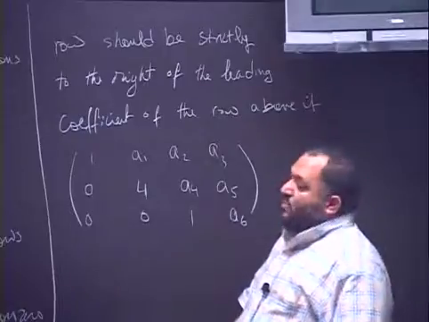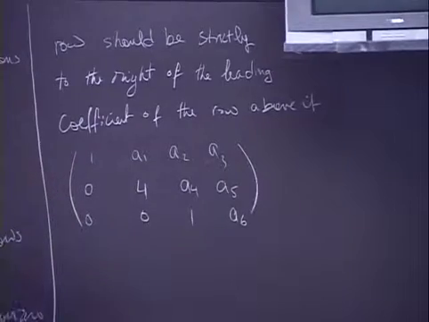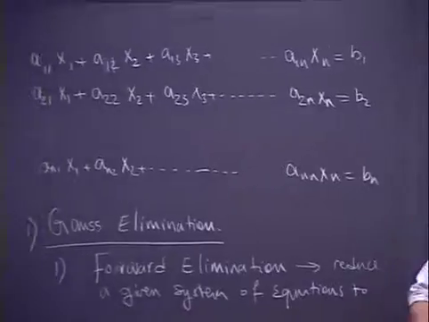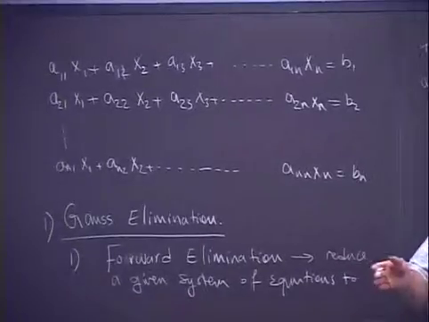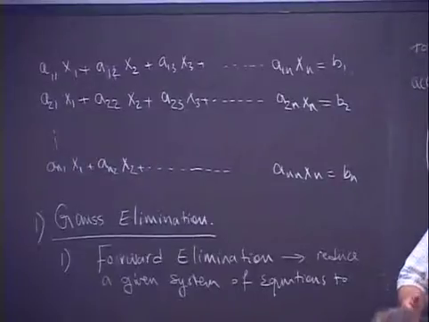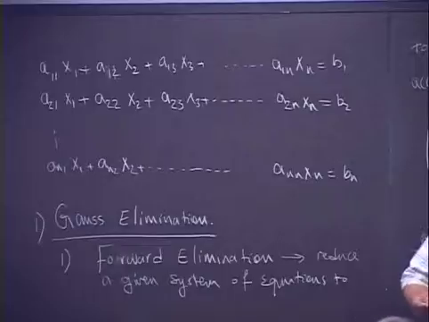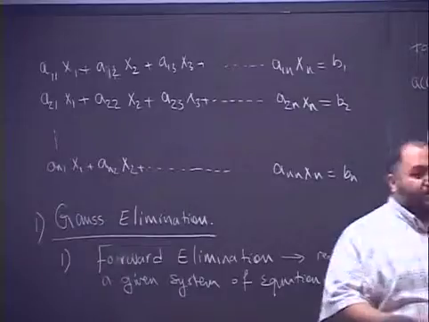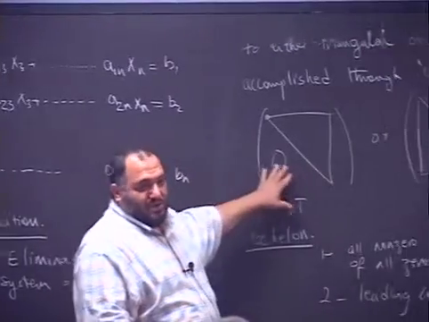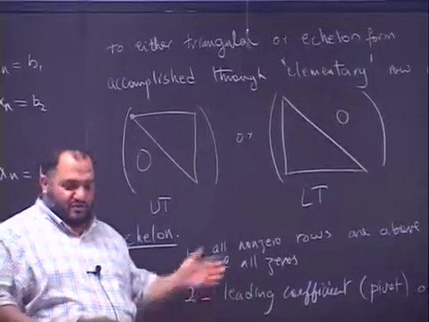So what we will do for the Gaussian elimination is we'll take the set of equations, we'll represent them as a matrix, and this matrix will be called the augmented matrix. Then we'll do some row manipulations or elementary operations to transform it to either triangular form or echelon form, and then we will find the solution.